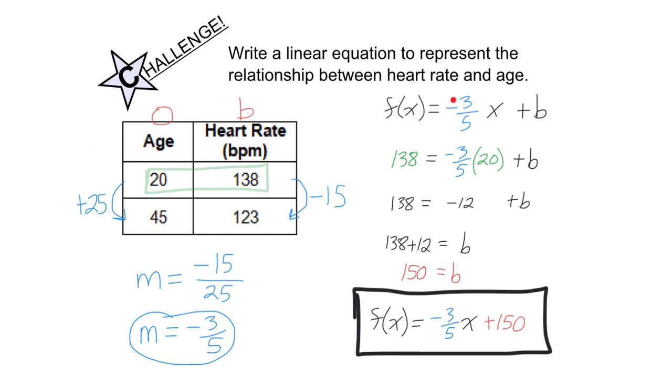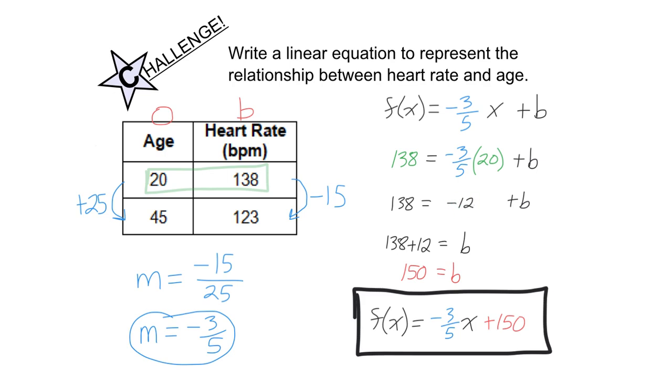So I actually have to do a little bit of work to figure that out, and that's what I did over here. I knew the slope was -3 over 5, and I also knew that when x is 20, y is 138. So the function has a value of 138 when x is 20. -3 times 20, divide by 5, that's -12.